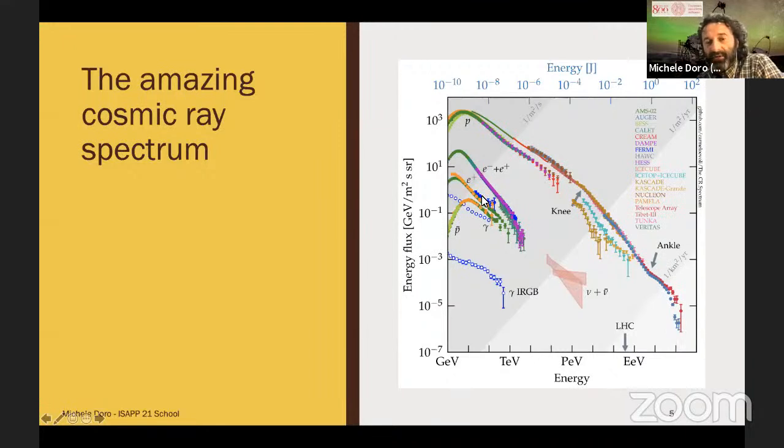We were discussing about electrons and positrons. You may remember diffuse gamma rays. And this bottom part here, extremely exciting, in which you say that the diffuse photons, neutrinos, and cosmic ray flux are at kind of the same energy flux level, which makes these three messengers connected.